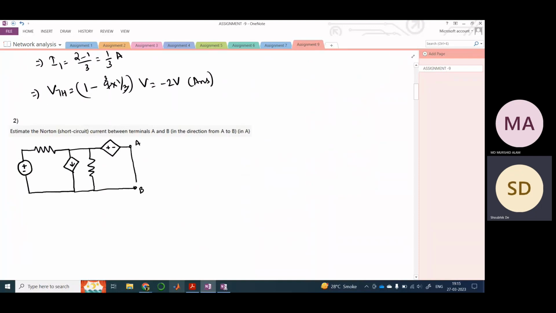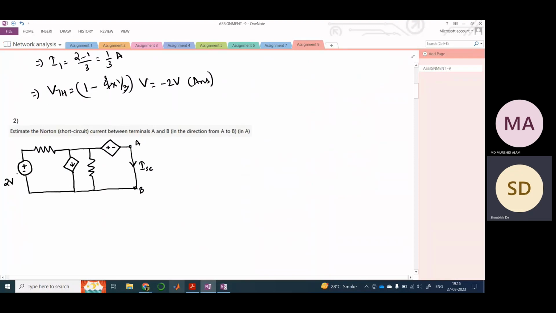So we have shorted this. Now they are telling us to find the short circuit current from A to B, so we shall write it like this. That direction would be from A to B downwards, not B to A. They have clearly mentioned this. Otherwise, your ISC would come out negative, nothing else.